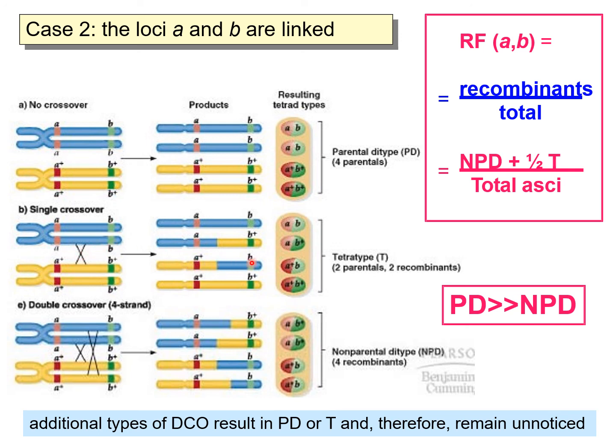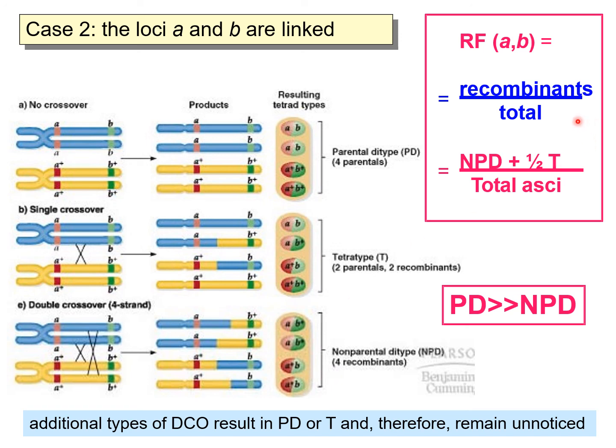Let's go further. If there is a double crossover, meaning the crossover event takes place two times, then you will find four recombinants, because there is involvement of these two chromatids as well as these two chromatids.